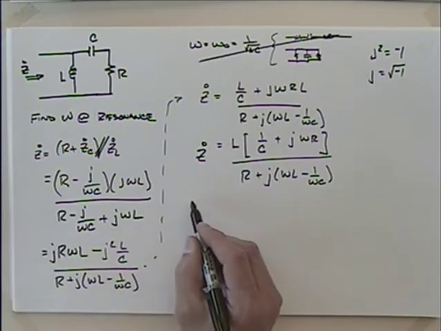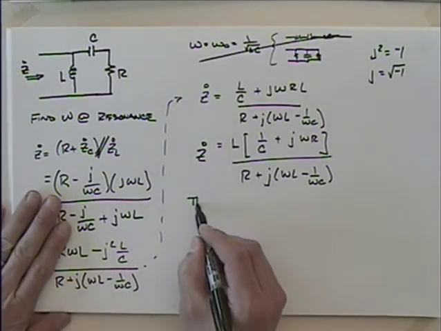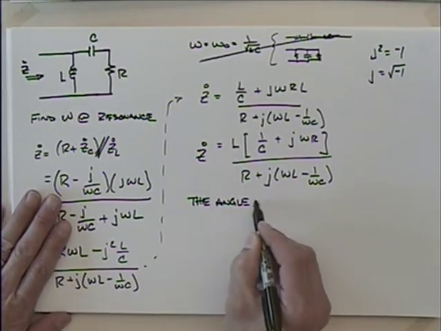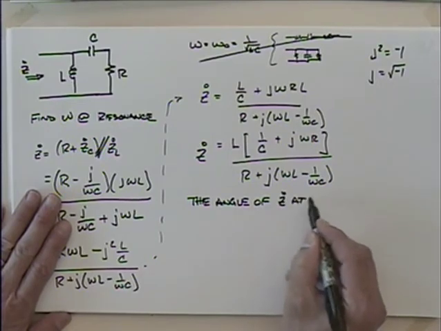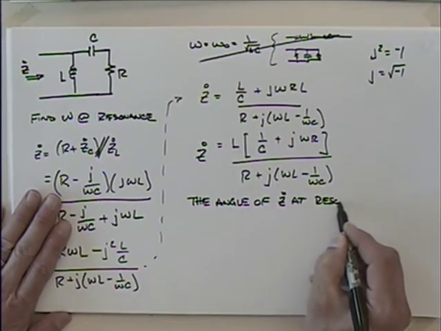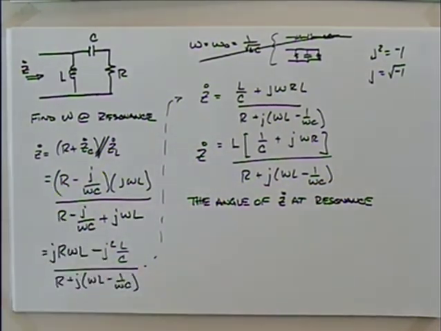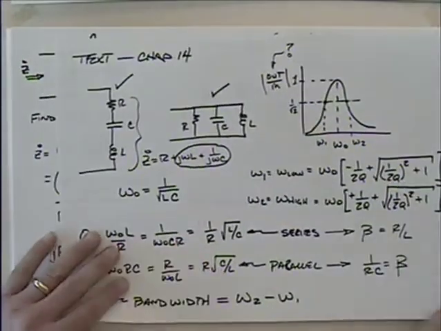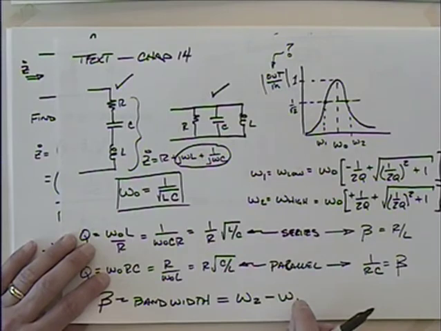What if I want to talk about the angle of Z at resonance? What's the angle of Z at resonance going to be? Before, when we looked back at this one and talked about coming up with this, I think we did do the derivation on that.